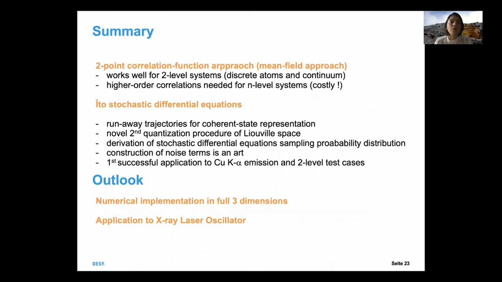It works well for 2-level systems, but in order to treat these systems in a computationally tractable way, one needs to factorize 3 and higher order correlation functions, and this factorization is no longer possible for n-level systems.